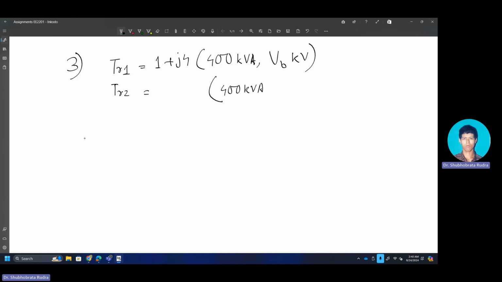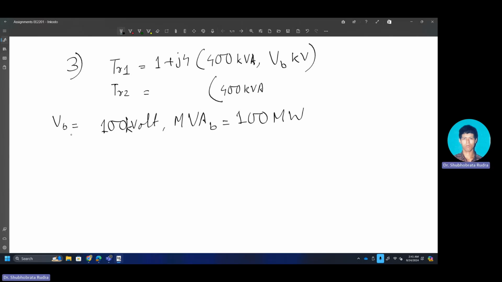See how to convert them. Let me show you with an example. Suppose I have VB equal to 100 kilovolt and the base is 100 megawatt.